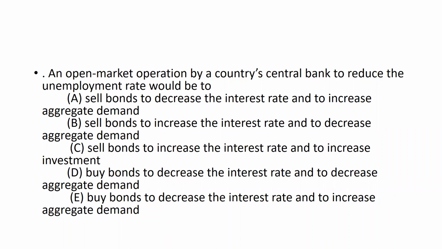E, buy bonds to decrease the interest rate and to increase investment. So E is it, because if the Fed buys bonds, money supply increases, interest rates decrease, investment increases, and aggregate demand increases. Knowing the impact of interest rates on investment and aggregate demand is important.